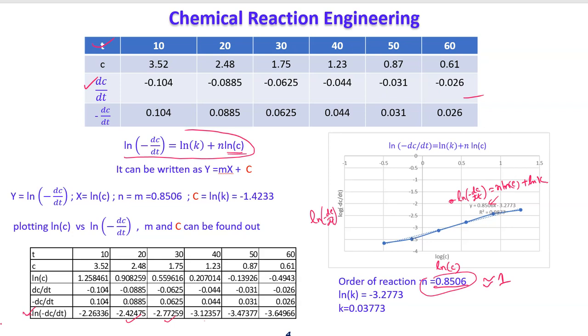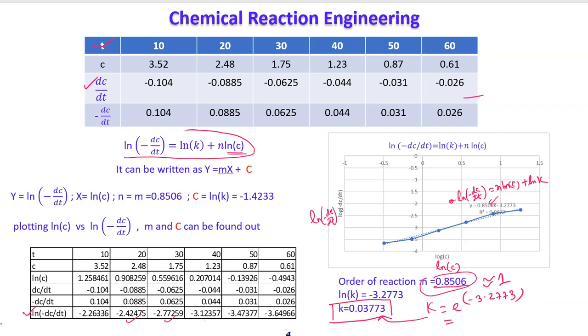So if ln k is this, k will be e to the power of minus 3.2773. From that we can easily get k, which is 0.03773. So now we have k and the order of the reaction n, 0.8506.